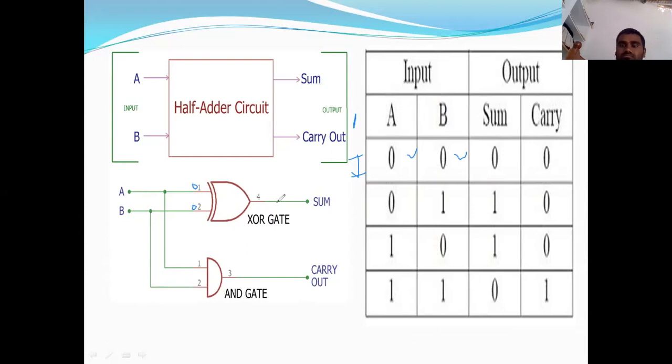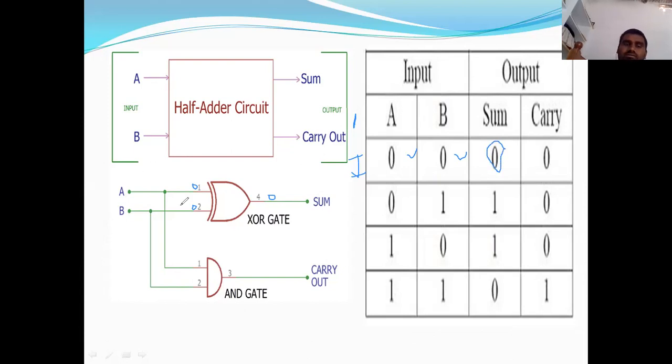So this is the XOR gate logic. For this same input 0, 0 we are getting output 0. So that's why we are getting the sum as 0.